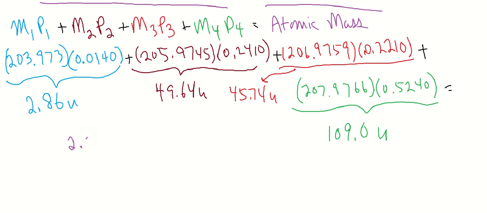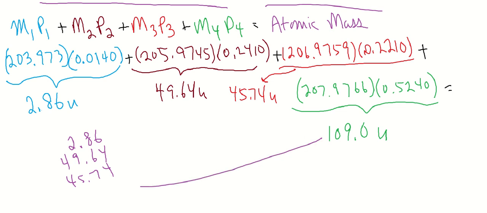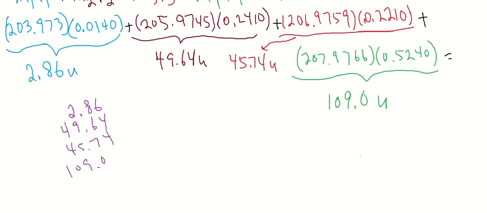So we got 2.86 from there, and the 49.64, lining up the ones, the tenths, the hundredths. 45.74, and then the 109.0 is going to limit our final answer. You can see it only has 1 decimal place.